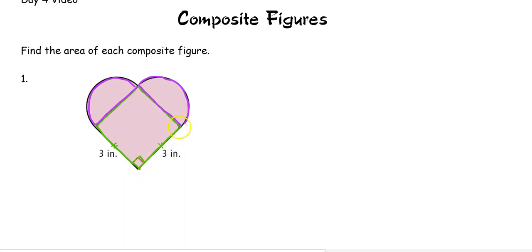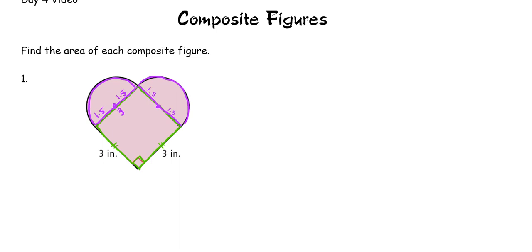Now, since this length over here is 3, this length here is going to be 3 as well, breaking that down into a 1.5 radius. Same thing's going to happen over here, the 1.5 radius. So as you look at a problem, the first thing you should do is develop a plan.